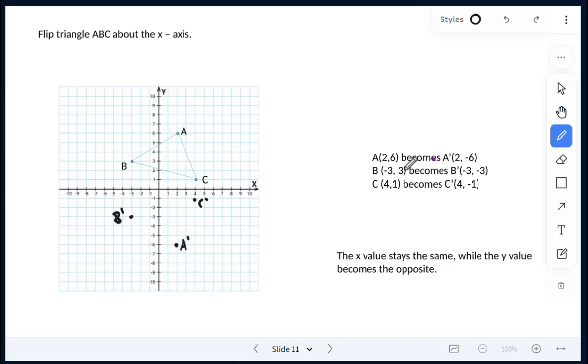So 2, 2, -3, -3, 4, 4. Our x value stayed the same. The y value became the opposite. Right? 6 became -6, 3 became -3, and 1 became -1. So I'm just going to connect the points. All right, so there is our triangle that has been flipped, our new triangle A prime, B prime, C prime.